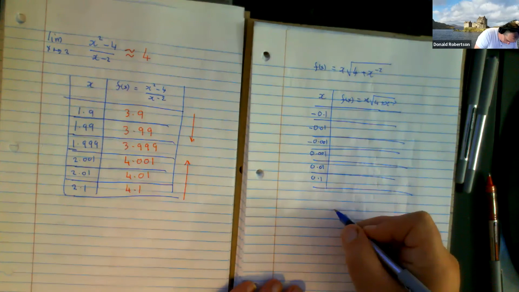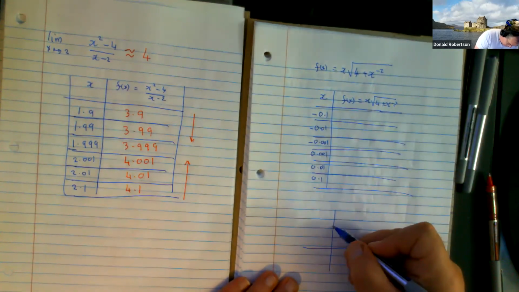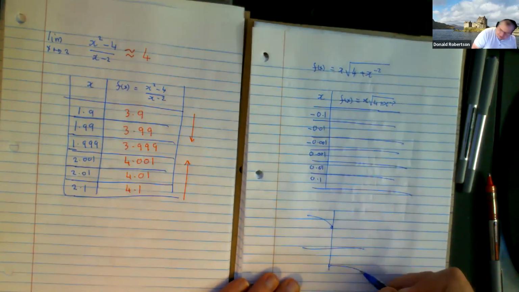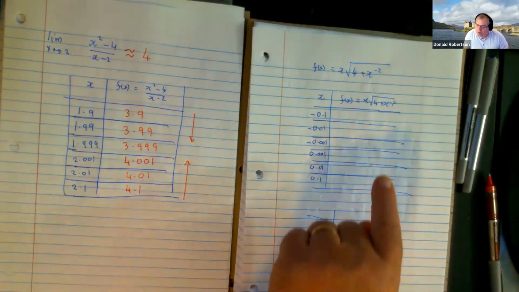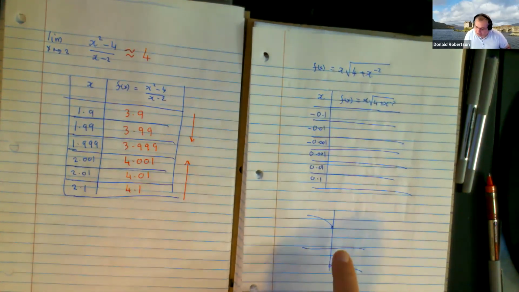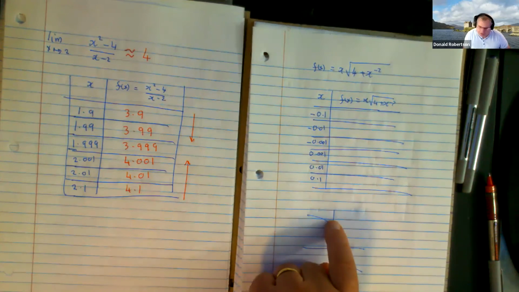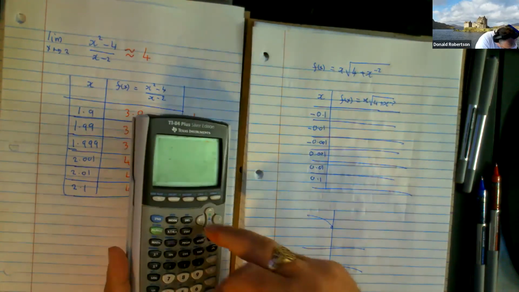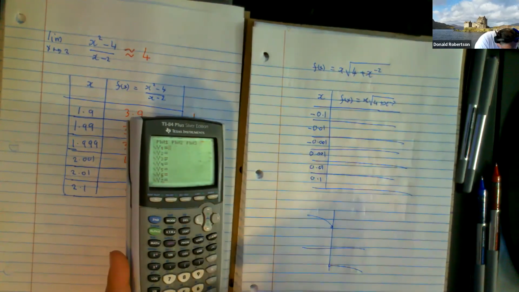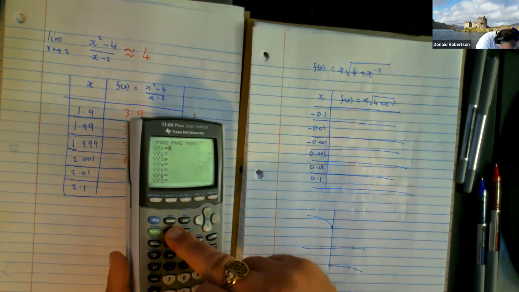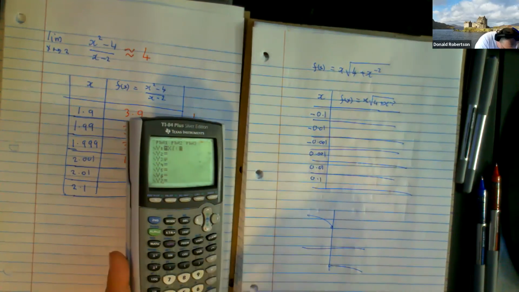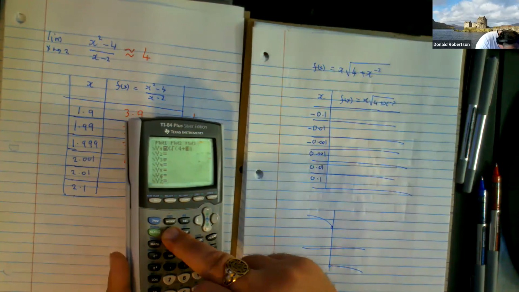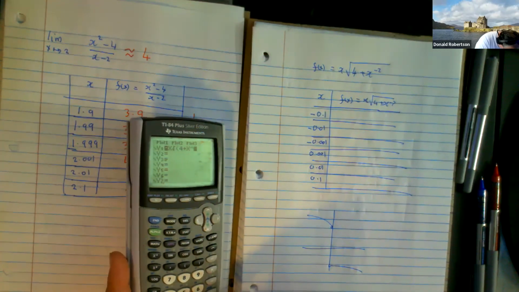Now, if I can't remember this picture, and that might not be the function, but didn't it kind of look like that? Now, what this table should do is show me the same kind of situation. So let's see if that's what we end up getting. So I'll go y equals x times the square root of 4 plus x to the power of -2, close the brackets.